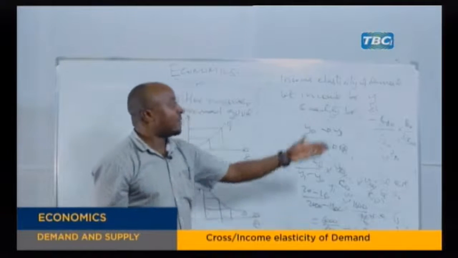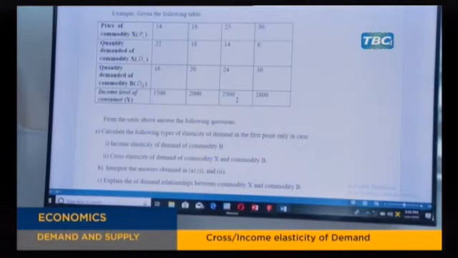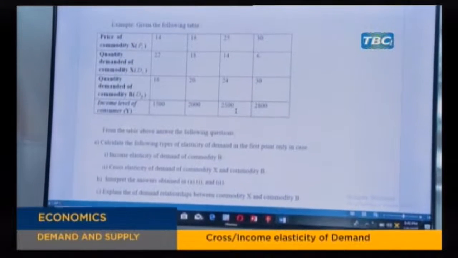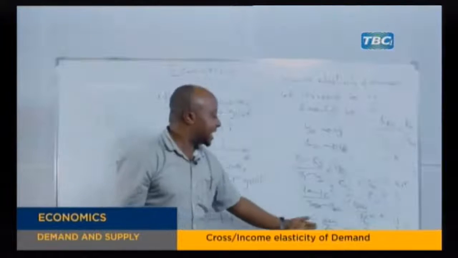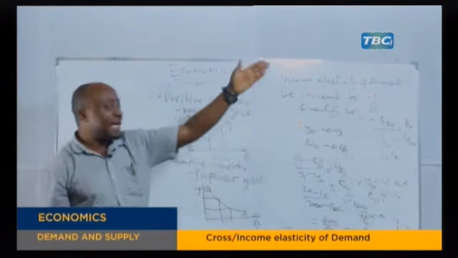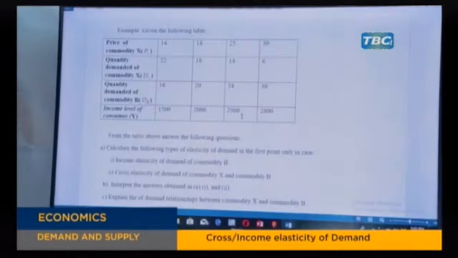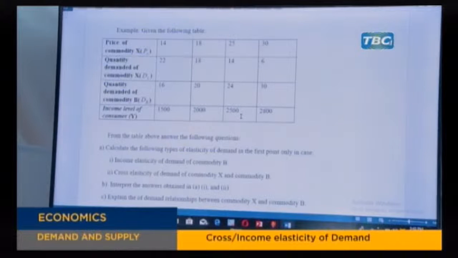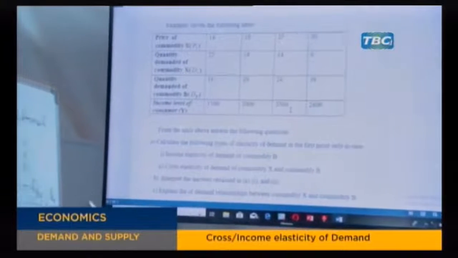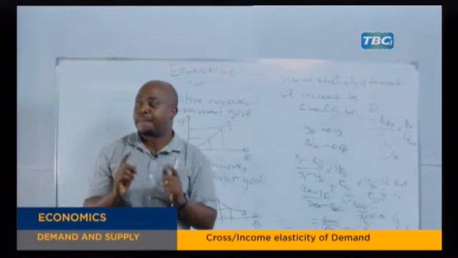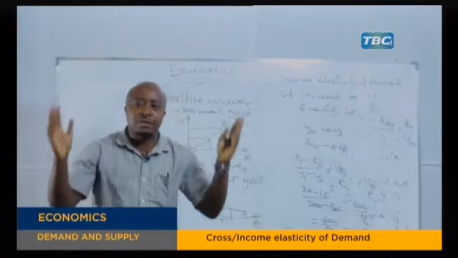So you can find that for that type of good, when the income changes, the demand also changes for good B. But the relation is positive, indicating that good is a normal good. Then, part B is asking: interpret the answer obtained.